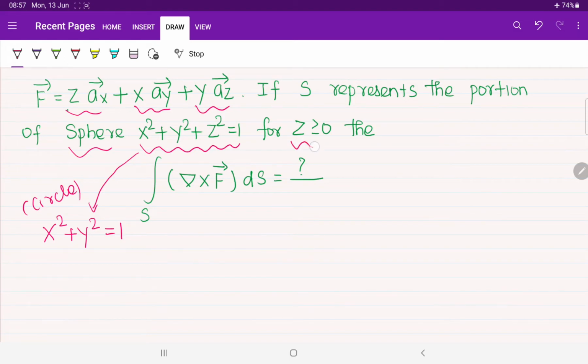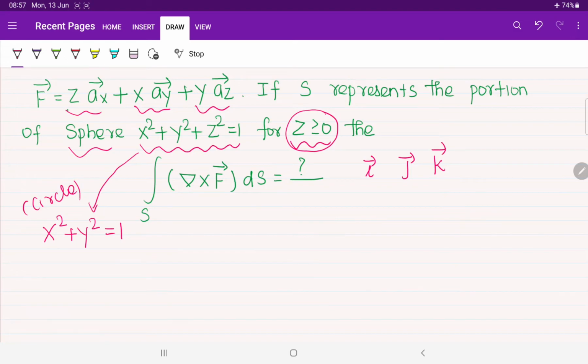For z greater than or equal to 0, they are considering only, see there, on the x-axis we will be having positive x-axis, negative x-axis. Similarly for y we will be having positive y, negative y. Similarly for z we will be having positive z, negative z. So the moment they are considering z greater than or equal to 0, what is the actual meaning of it? Suppose you are having three vectors, let me consider i vector, j vector, k vector.